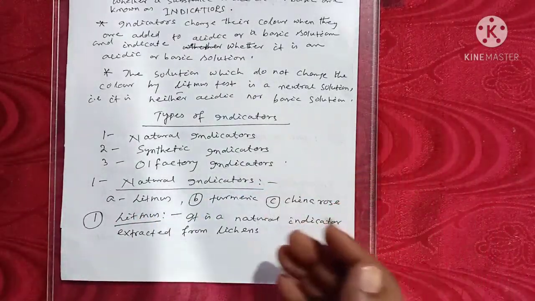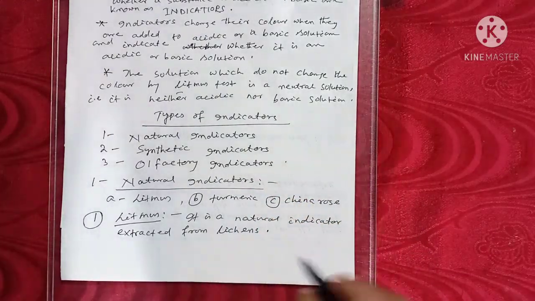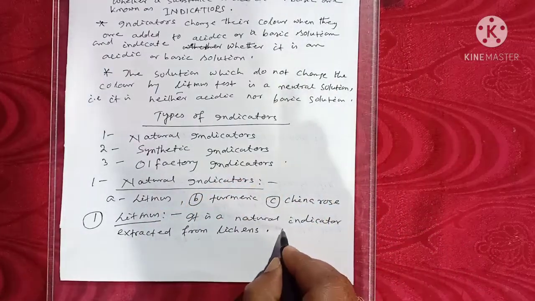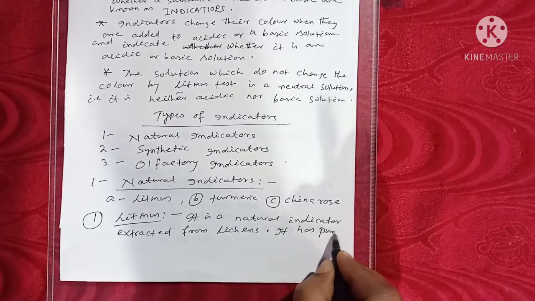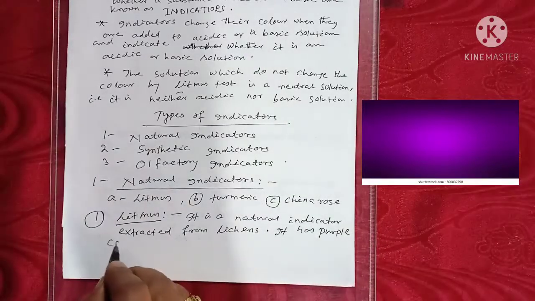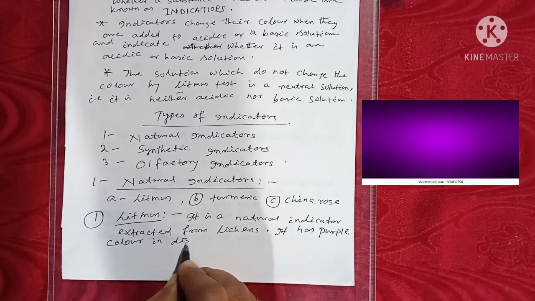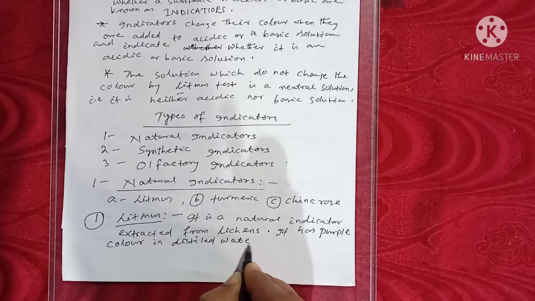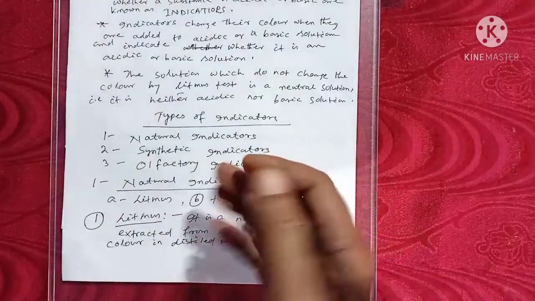So it is extracted from seaweeds, and its natural color, the color of litmus, is purple. It has purple color in pure water or distilled water. Okay, we have discussed about the litmus test.